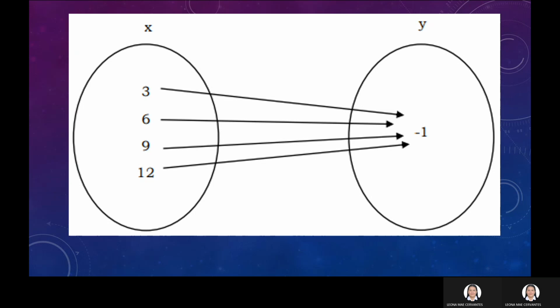Okay, so for the first example, x coordinates are positive 3, positive 6, positive 9, positive 12. And for y, we have negative 1.